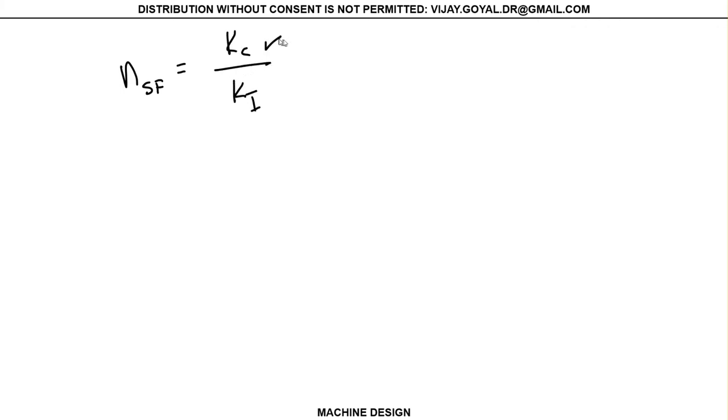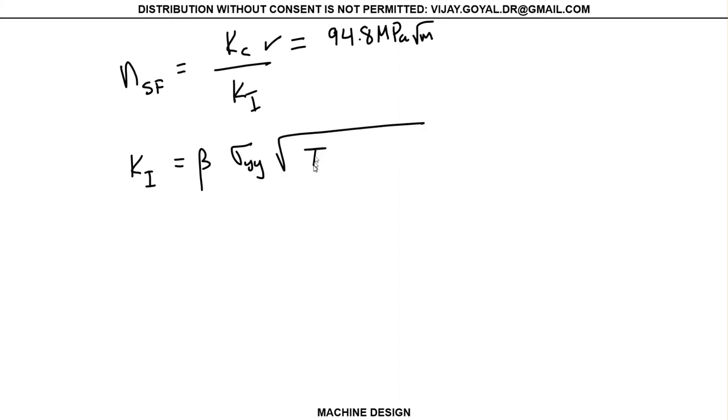And KC I already know from the problem because I calculated that in item 1. This was in megapascal square root of m. Okay, and I know that my mode 1 fracture toughness is beta sigma YY times the square root of pi times a. This is no crack.